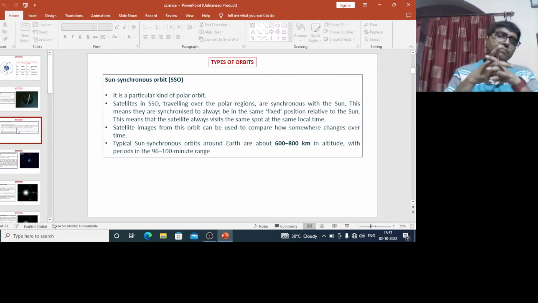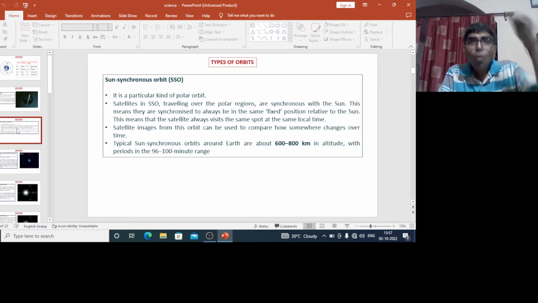Now the point in this sun synchronous orbit is that there is a particular position, it is synchronized. That means there is a fixed position in correspondence to the sun, so the satellite will be visiting the same point over and over.